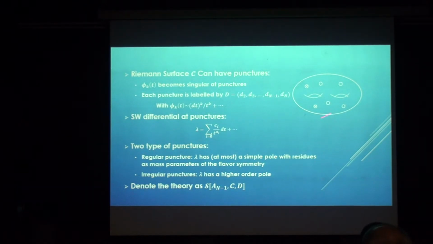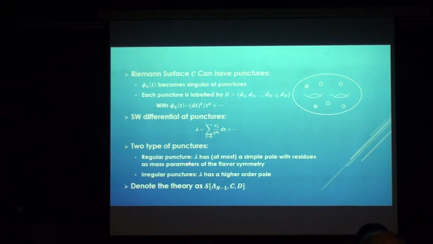Okay, so from the singularity of the differential phi, we know the singularity of the separate differentials at each puncture. Looking at the maximal singular term, we can classify the punctures into two types.